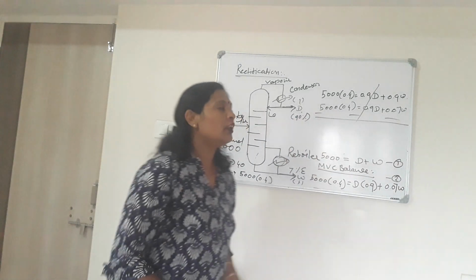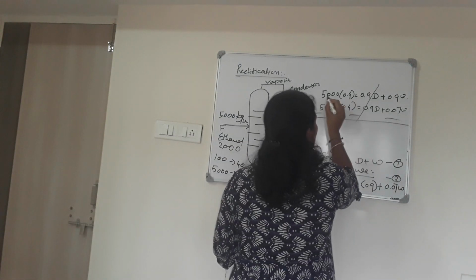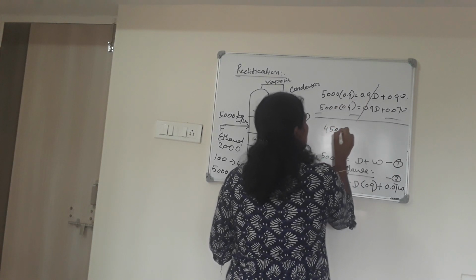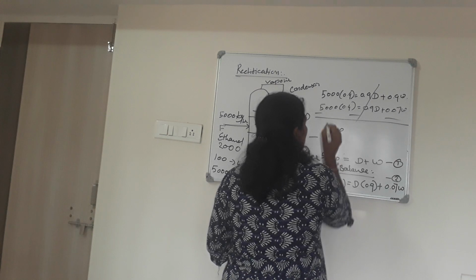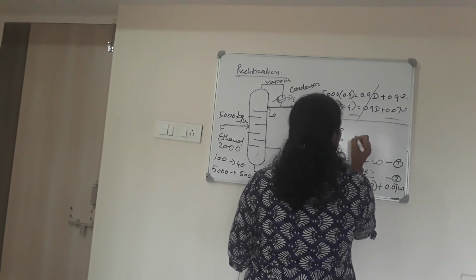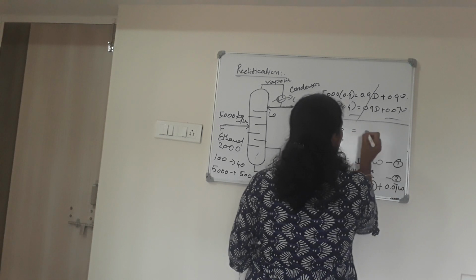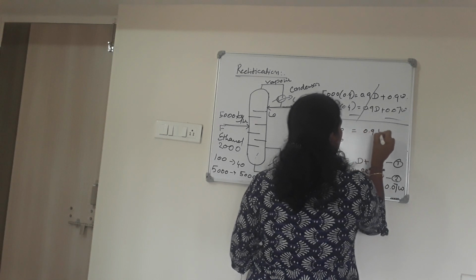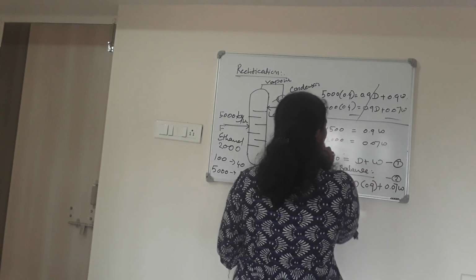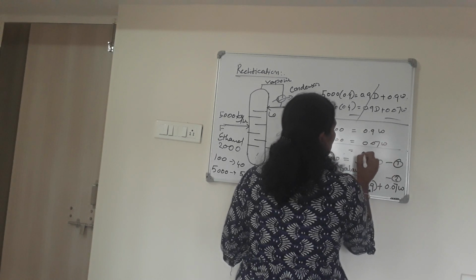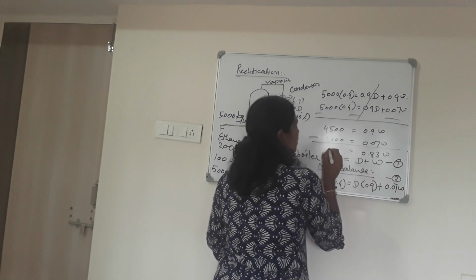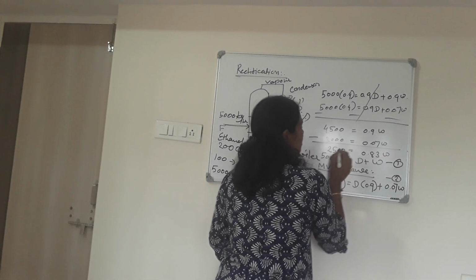So do it accordingly. Simply, 5000 into 0.9 means 4500, minus 2000 is equal to 0.9 W minus 0.07 W, that is 0.83 W, is equal to 2500.